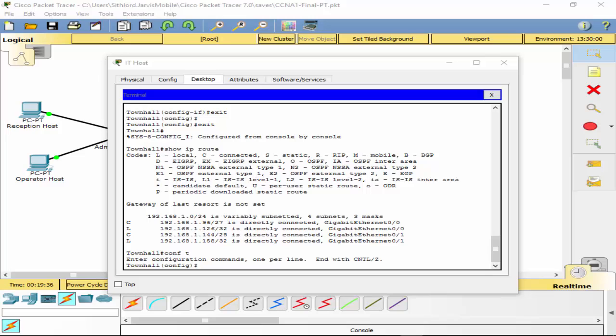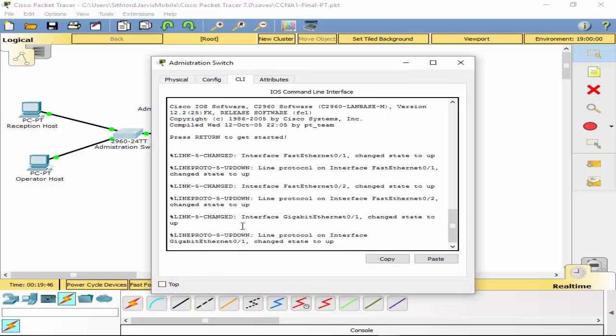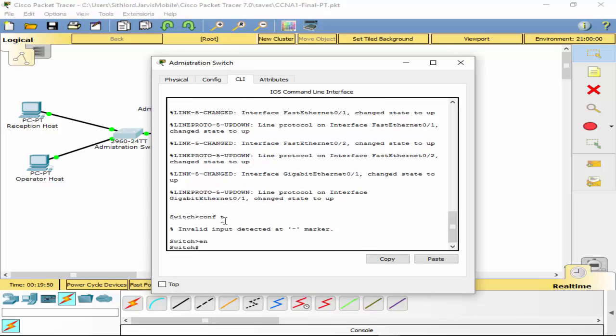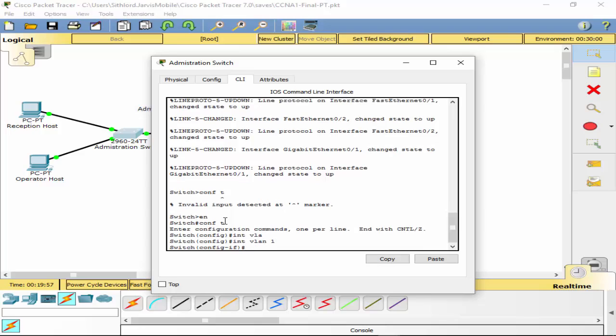Assign the second to last address to the subnet. So we did 158, so now we need 157, and that is going to go on this switch. Interface VLAN 1. That's an SVI.